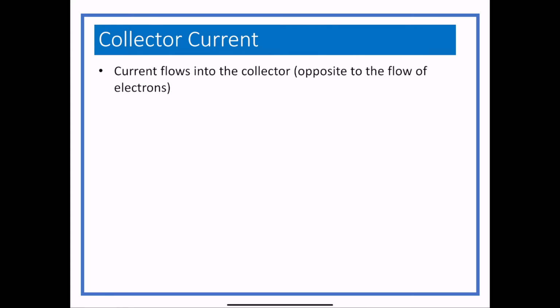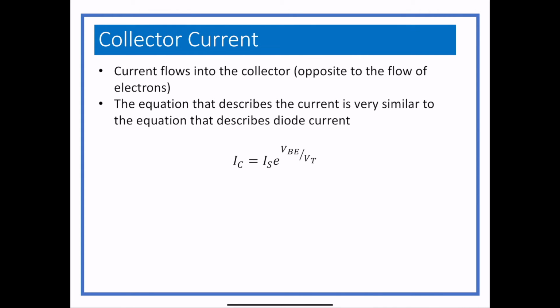So there is an equation that describes, as you can imagine, the current going into the collector, and it actually looks very similar to the equation describing diode current. You should have seen this before, except that we have base-emitter voltage instead of diode voltage, and we have collector current rather than diode current.